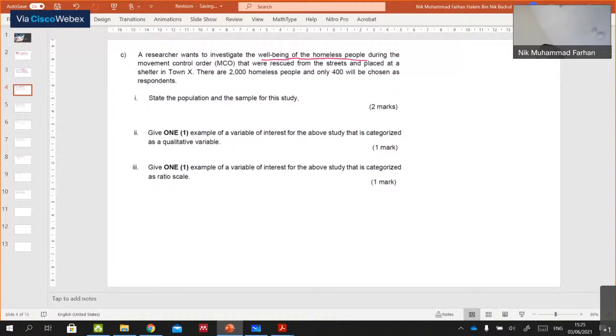So when you write these, population, right? State the population and the sample. Population would be the 2,000 homeless, all 2,000 homeless people, where?